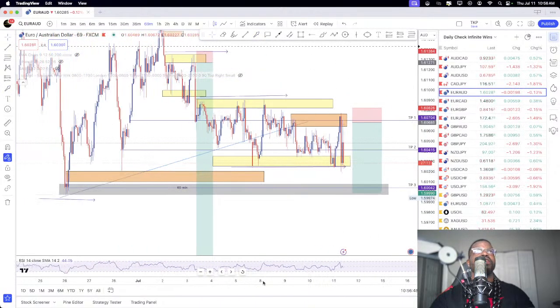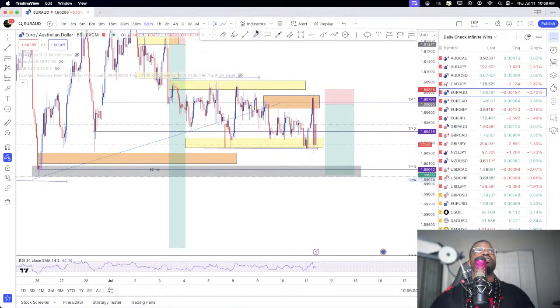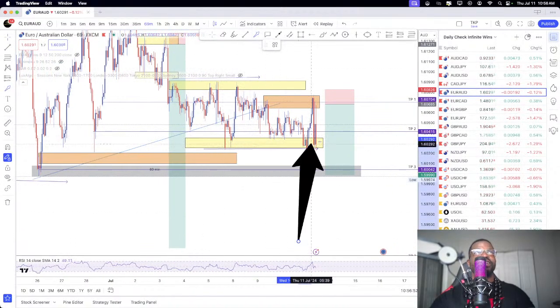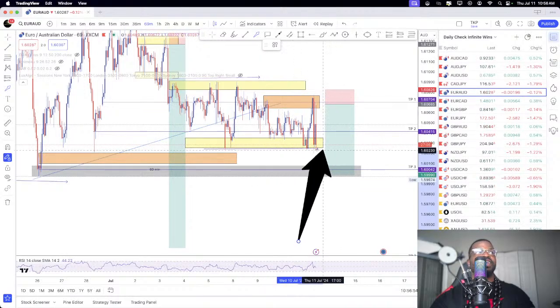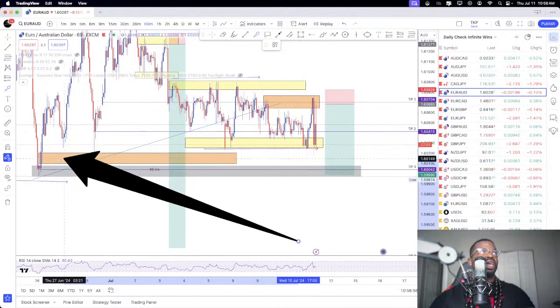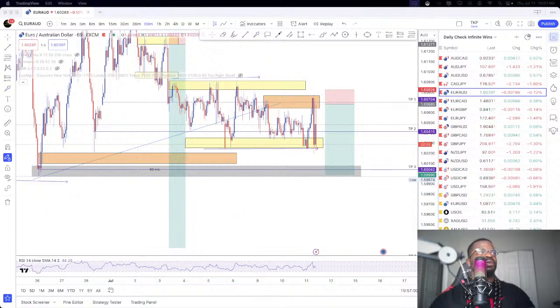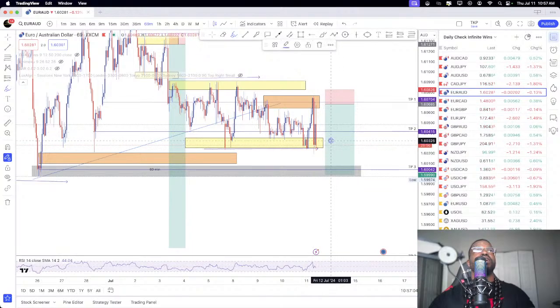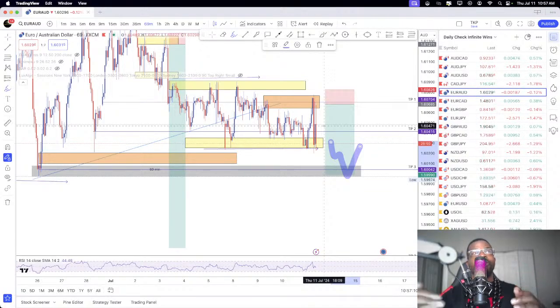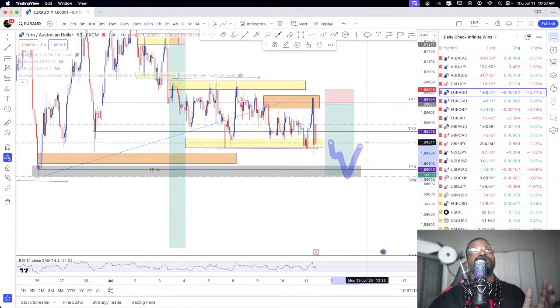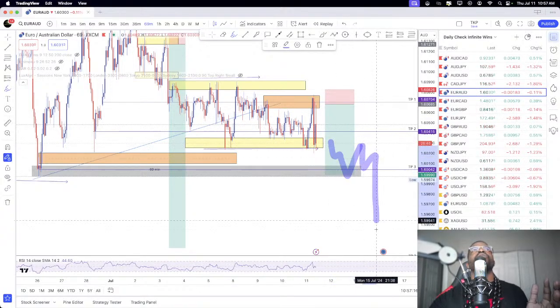If this thing breaks these lows or breaks out of this consolidation area without rejecting right here, it's only going to happen one of two ways. It's either going to reject and maybe pull back to retest this, pretty much printing the exact thing that I just showed you guys in that example, and after that retest, it's going to fall.